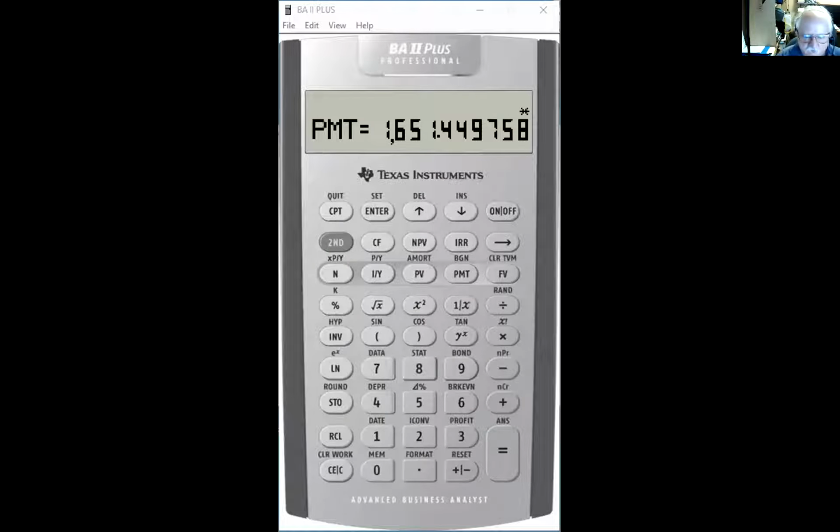So can you see the calculator? Yes, sir. Okay, so we'll clear what we were doing there. So the first thing we had to do, of course, was find I. So 9% divided by 4 equals, and I'm going to store that, store 1.